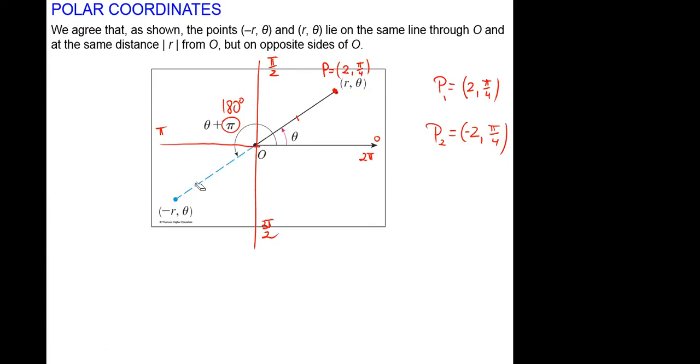And on that opposite line, I will indicate the distance 2, which of course gives me -2. But please note, the angle is still the original angle. The -2 is telling me that I jump to the opposite quadrant. That means the negative radius is telling me that I am in the opposite quadrant of the original angle.